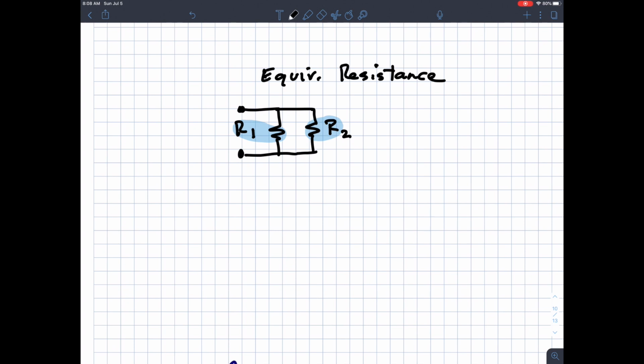Before we get started, I wanted to talk about resistors in parallel when we have exactly two resistors in parallel. It turns out there's another calculation that I think is sometimes easier to plug into your calculator.